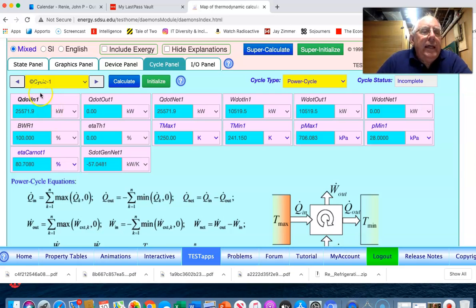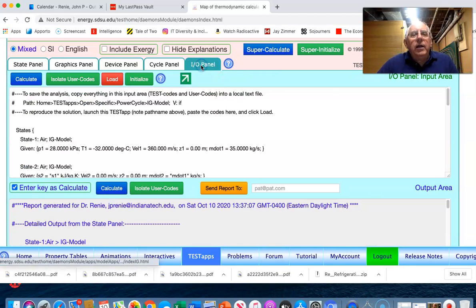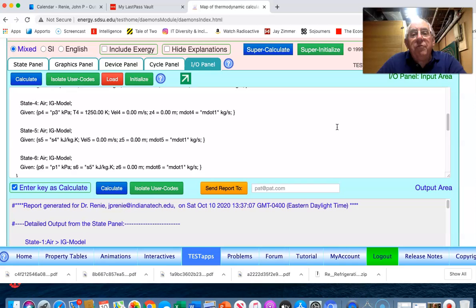So we need to put this amount of heat transfer in by allowing a certain kilograms per second of fuel to be burnt. Okay, so we will calculate that number, and then the other numbers that we need to calculate are the thrust and the propulsive power.